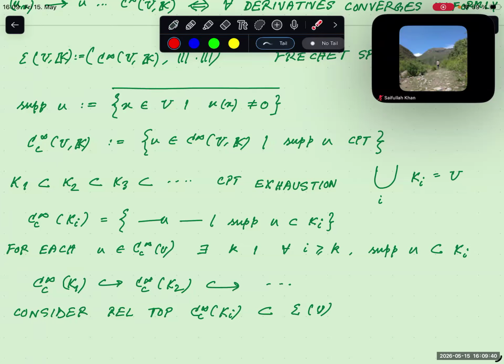If you have a structure like this, it is called exhausting some set by something. And we are not exhausting by just any set, rather we are exhausting by compact sets so that we can keep this property. That's the reason we are putting compactness here. But we are not extending anything. Is it clear now? Yes. Okay, thanks for your question. Any further question? Feel free to raise your discomfort.